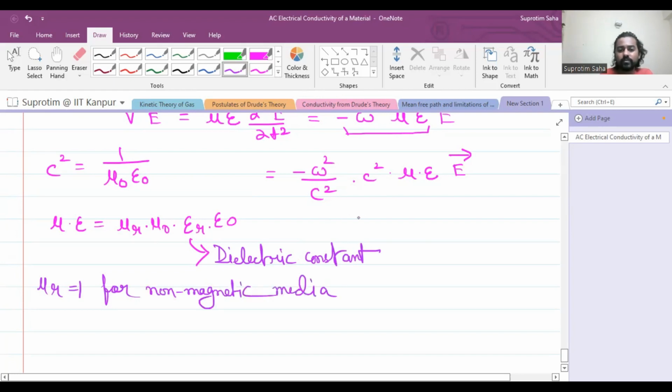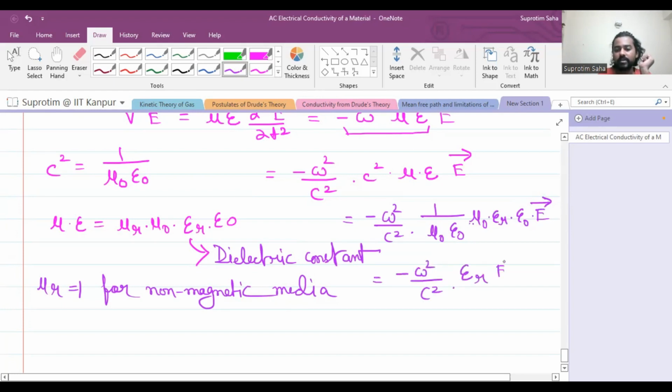So what you are getting is minus omega squared over c squared times 1 by mu naught epsilon naught times mu naught times epsilon r times epsilon naught times the E vector, which is minus omega squared over c squared times epsilon r times the E vector. This is your dielectric constant.